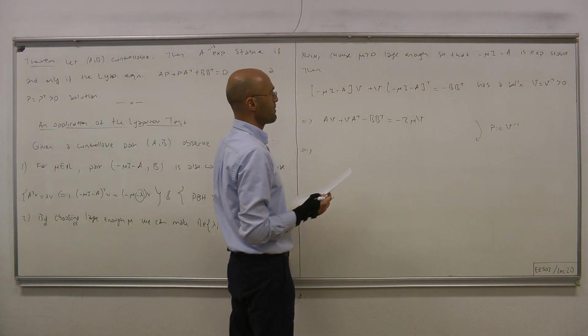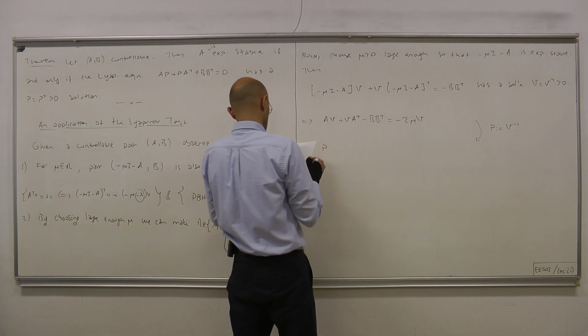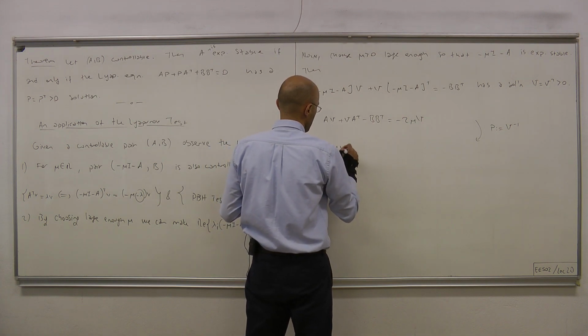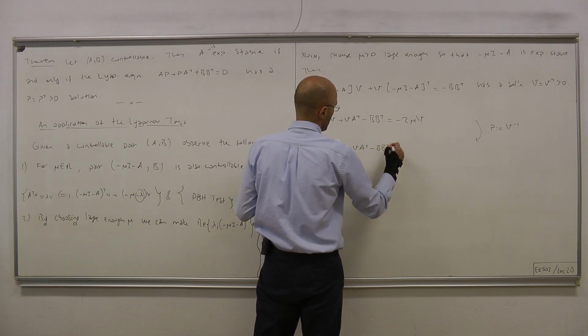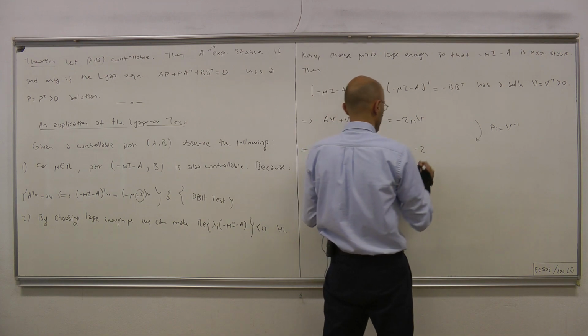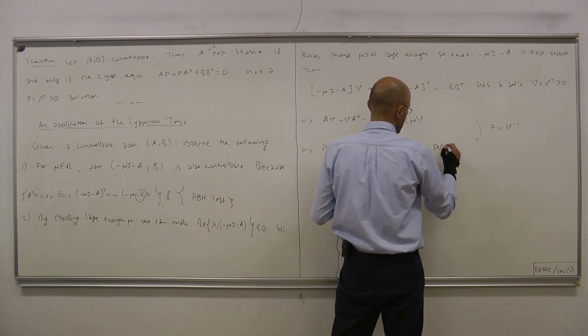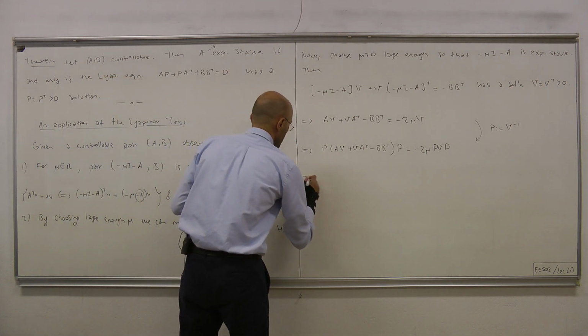By multiplying both sides with P, we have P times (AV plus VA transpose minus B B transpose) times P equals minus 2 mu PVP.